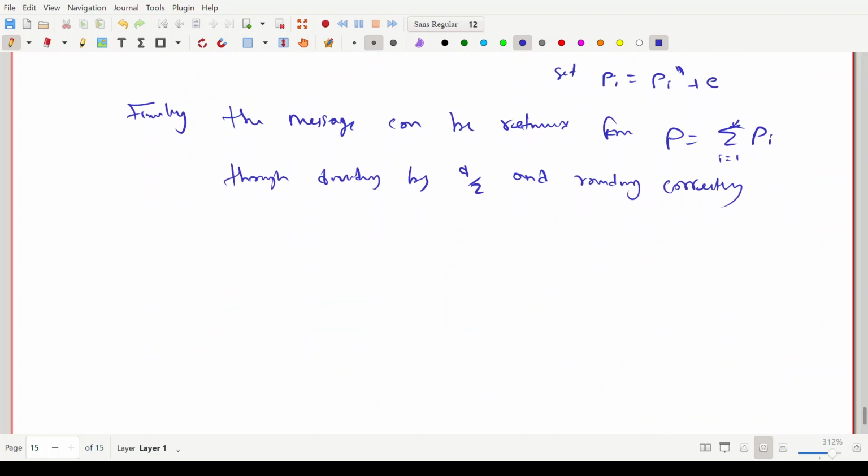Okay. So this smudging noise will make sure that every secret key Si cannot be deduced from Mi and Pi.